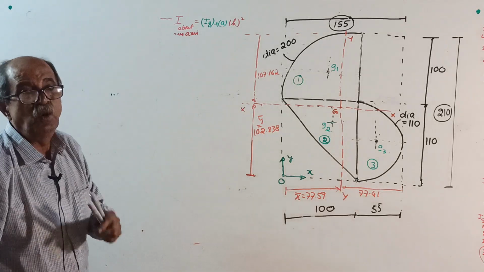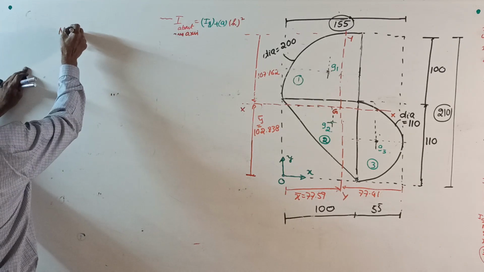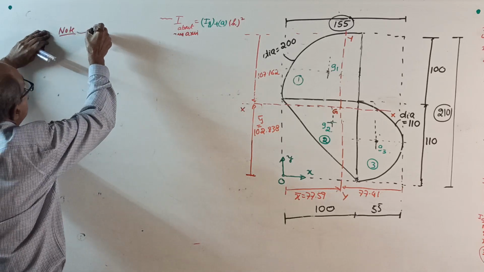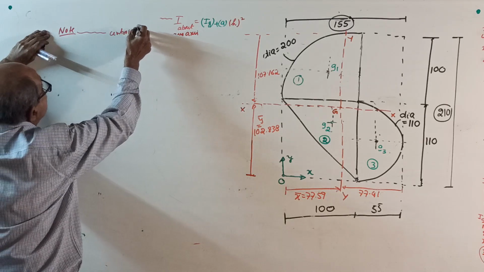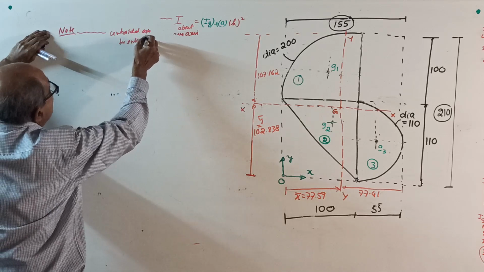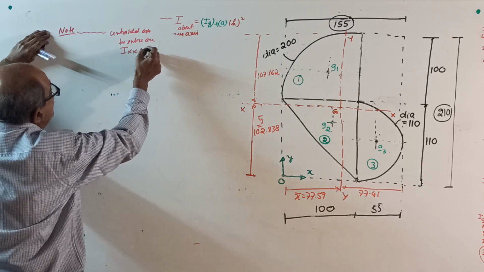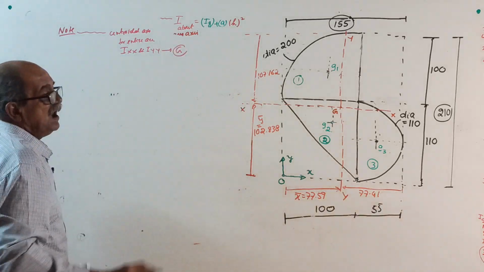Now, you have to make a note. What all I am dictating, you have to make a note. We already found moment of inertia about the centroidal axis for the entire area, that is I about xx and I about yy after locating centroid G. Already over.